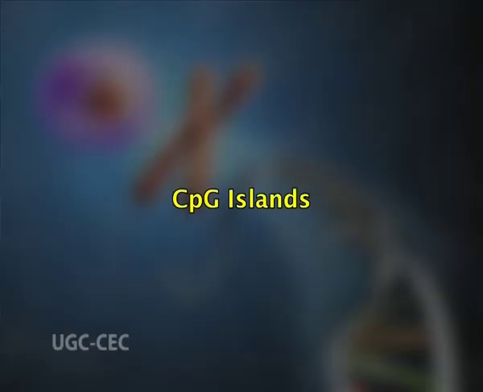Now we shall talk about the CpG islands. The human nuclear genome has an overall lower frequency of dinucleotide CpG. However, there are some stretches of unmethylated or hypomethylated DNA with normal CpG frequency.